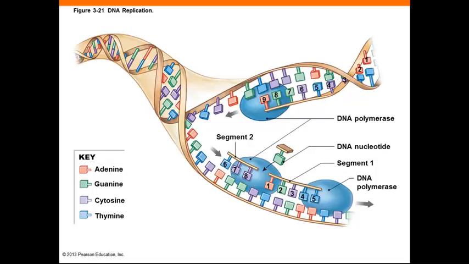And so the end result is that two identical copies of the original DNA molecule are produced, one with an old strand and one with a new strand. So this is called semi-conservative DNA replication. And this all happens in S phase, even before the cell enters mitosis.